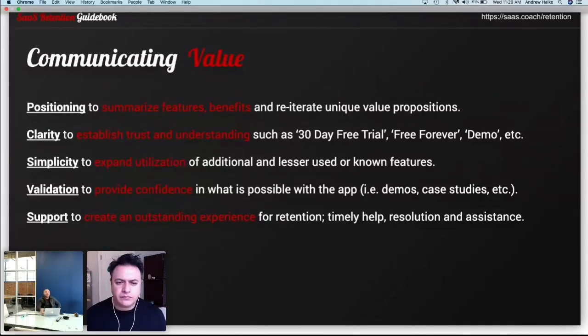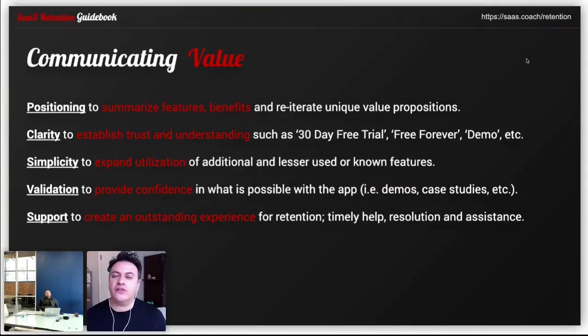And then tell us a little bit about communicating value. Yeah, so this goes back to what we talked about a little bit earlier in the conversation. Really, it's important, again, to justify pricing, the value has to outweigh whatever that cost is. And so we have to be really good when we're communicating at any of the touch points that we have with users, with customers, in doing the following things that are on the slide there.